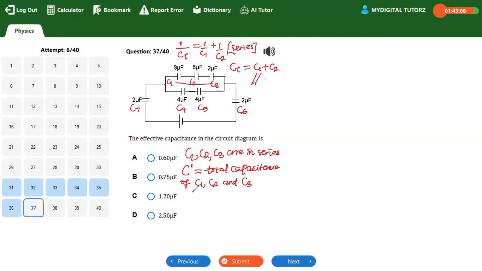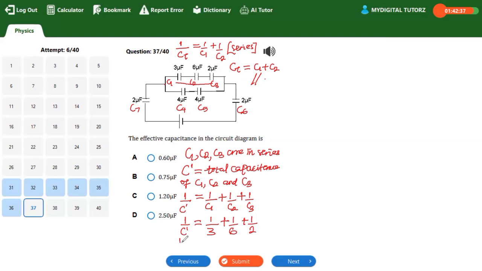So from there, I can now say 1 over C prime will be equal to 1 over C1 plus 1 over C2 plus 1 over C3. So that I have 1 over C prime equals 1 over C1, which is 3, plus 1 over C2, which is 6, plus 1 over C3, which is 2, right?